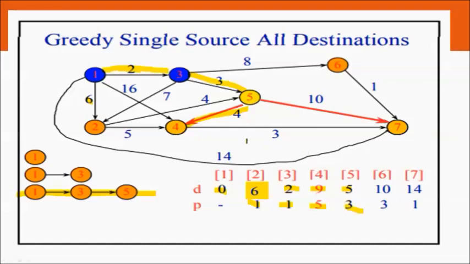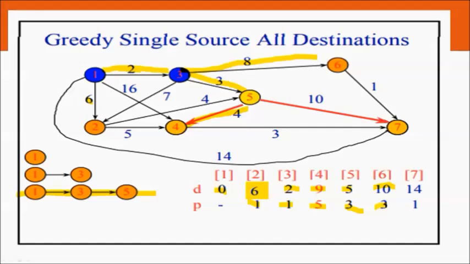Next, from vertex 1 to vertex 6. What is our predecessor? Vertex 1 to vertex 3 is 2, and vertex 3 to vertex 6 is 8. So 2 plus 8, we will have 10. And of course, our predecessor is vertex 3.